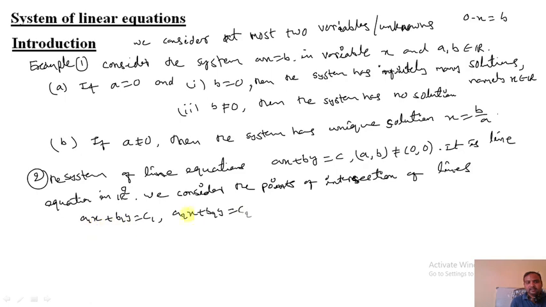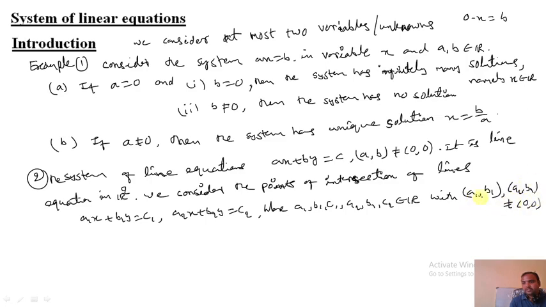We consider a pair of lines, where a1, b1, c1, a2, b2, c2 belong to R, with a1, b1 and a2, b2 both not equal to 0. That means a1, a2 are non-zero, b1, b2 are also non-zero, and c1, c2 are any number.